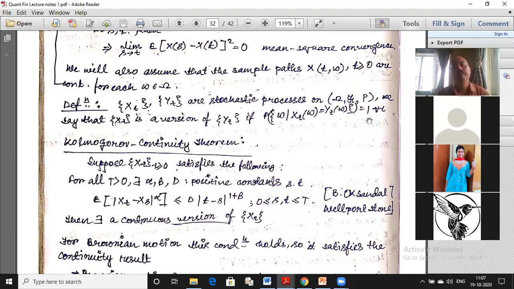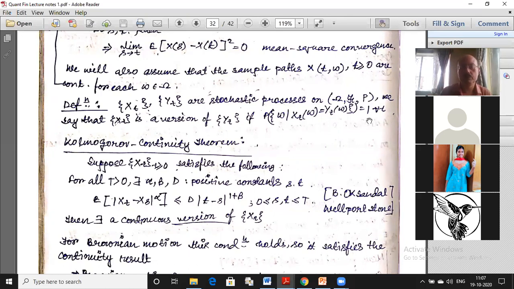In fact, in probability, we have a similar result, where we say that X and Y are identical in probability. Because in probability, that's all we are interested in, the probability distributions. So here also I am saying that for each t, they are probability distributions. For each t, they have the same probabilities.